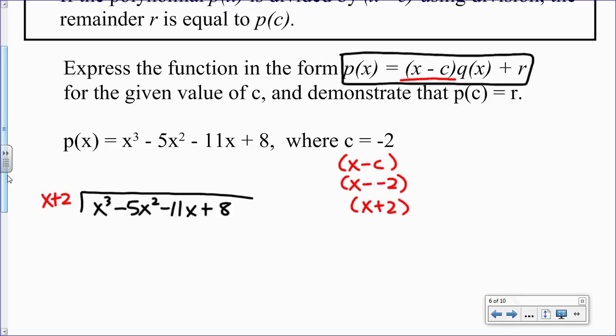Okay, so take a minute, do this long division. So this is good practice of the process.